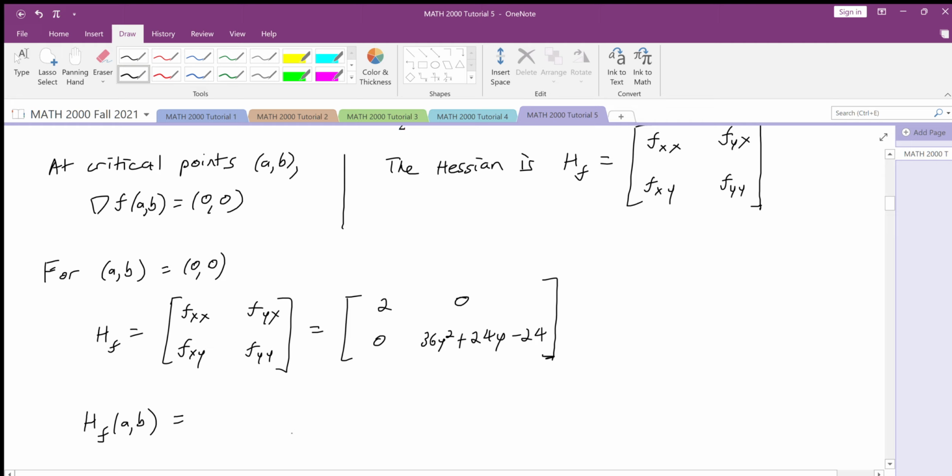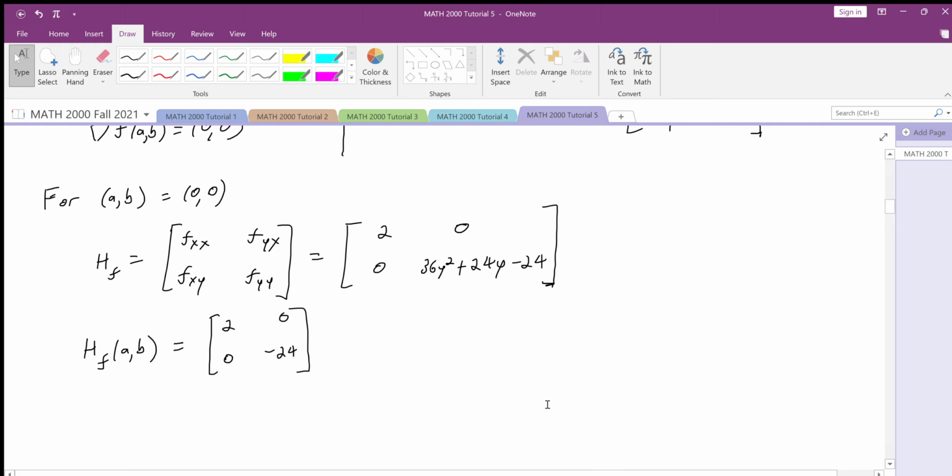It's just going to be 2 and minus 24 on the diagonals.